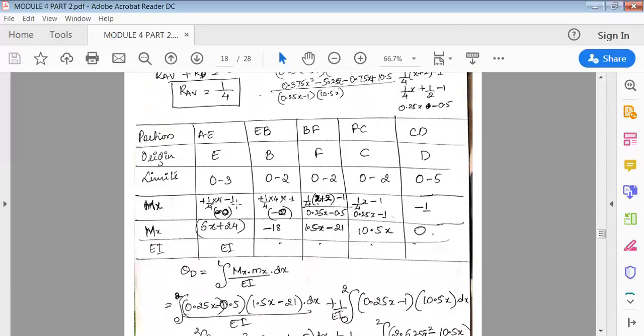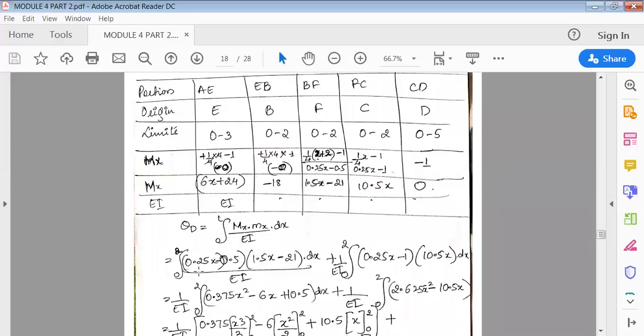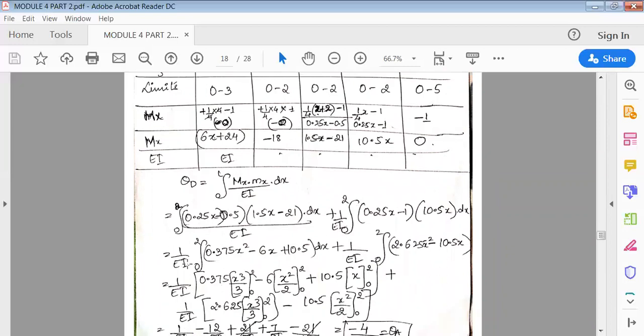Now you can see here, 0 into anything is 0, 0 into anything is 0. So we'll only be taking these two, BF and FC. This is BF. Check the limit 0 to 2. Multiply this into this into this. Then 1 over EI, 0 to 2.